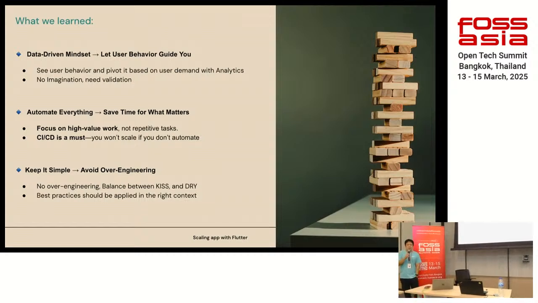The second one is automate everything. When your project grows, you have more tasks to do. Basically you don't code anymore. You have to look into analytics, monitor your performance, your app, your production issues.